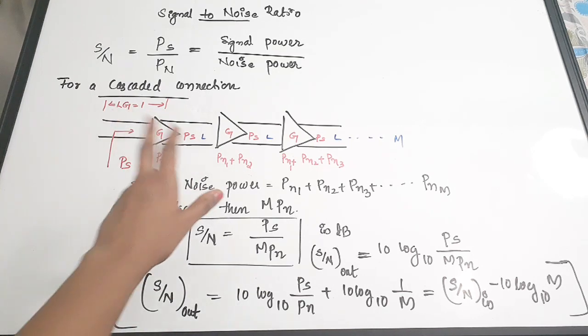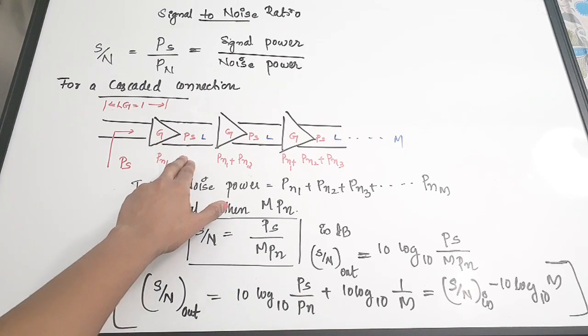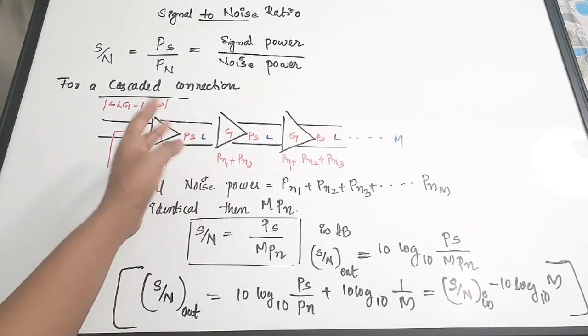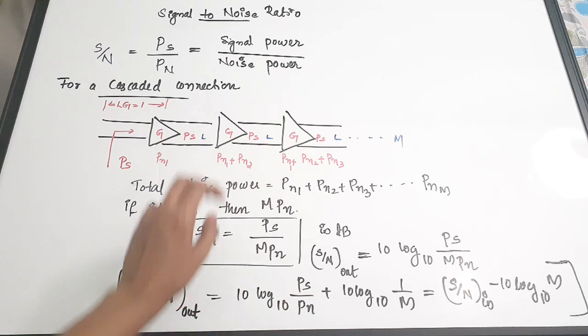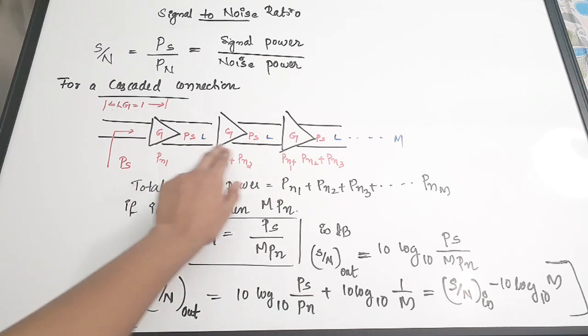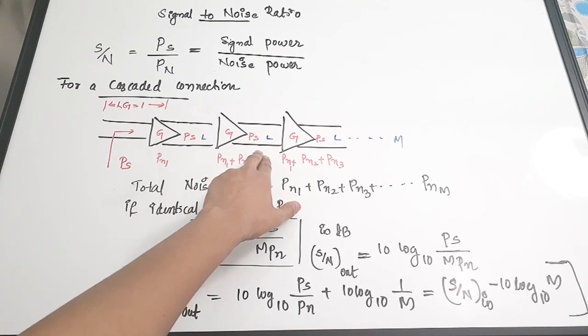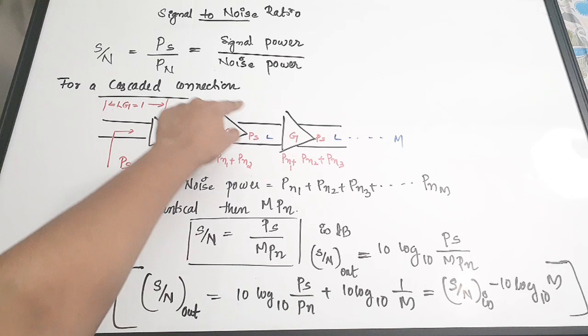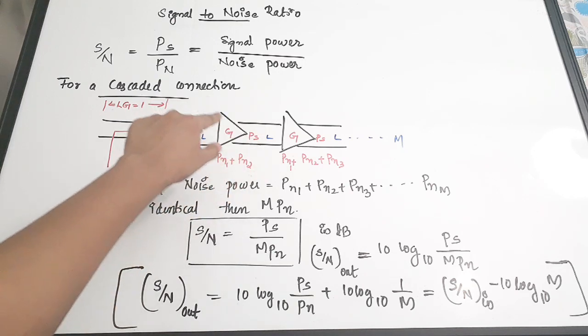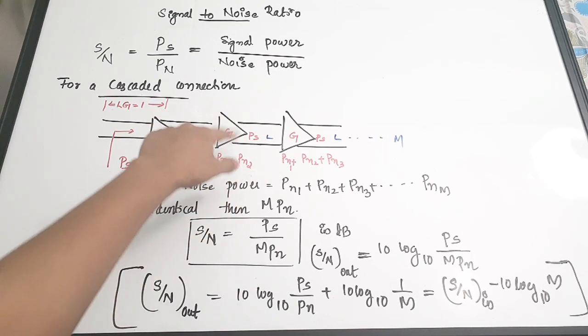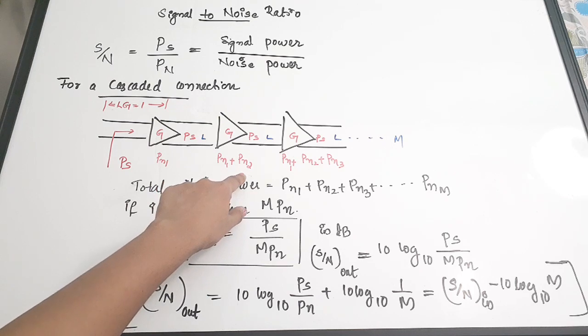Now this PS, which is at the output of the first repeater or amplifier, is fed to the second stage. Here again, the loss is L and the gain is G. So the output of the second repeater is again PS, but there is also some more noise added at that repeater stage, of value PN2.